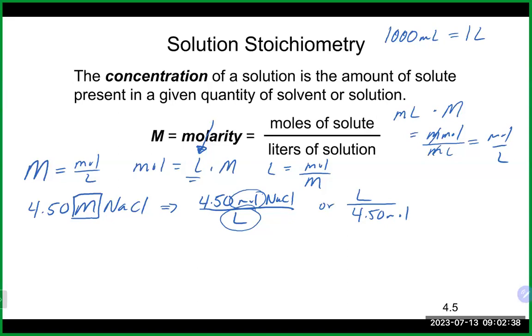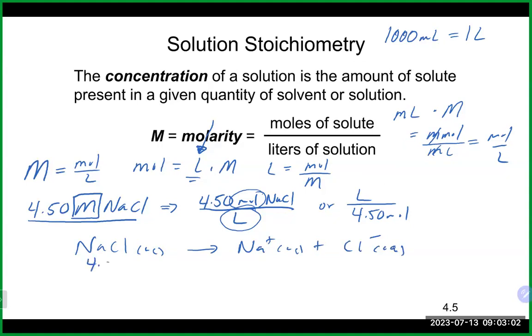Now, when we talk about molarity of ions, there is a relationship. If I had a 4.5 molar solution of sodium chloride, when sodium chloride breaks apart, it is a strong electrolyte, which means it breaks apart into a sodium ion and a chloride ion.